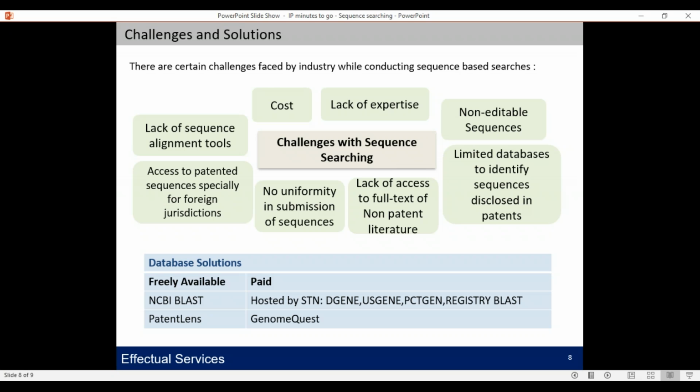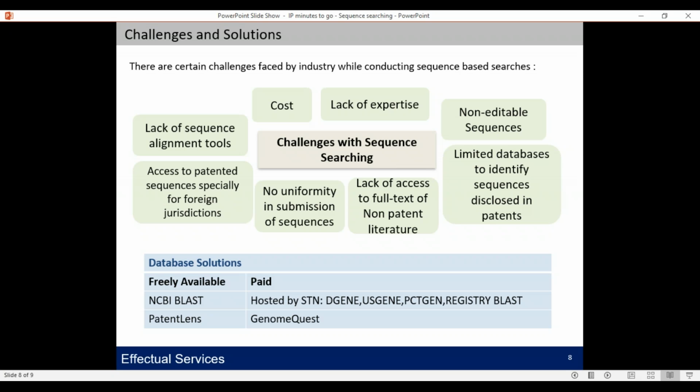Patent Lens allows you to search over 80 million DNA and protein sequences disclosed in patents. Examples of paid databases are GenomeQuest or those hosted by STN, such as DGene, USGene, PCTGene, and the like.